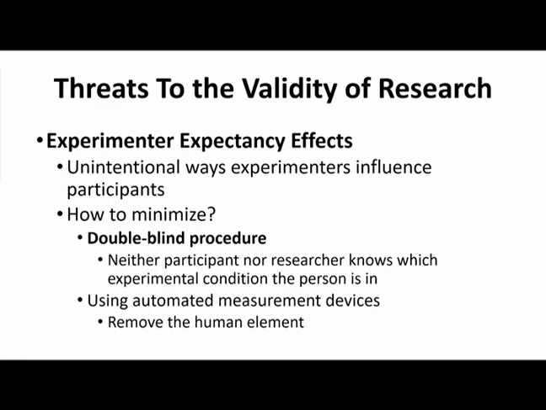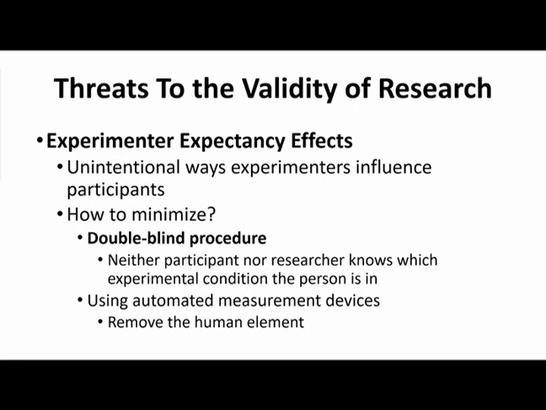But if we want to reduce these expectancy effects, if we want to keep both the experimenter and the participant from expecting anything, what can we do? We could use what's called a double-blind procedure. And in the double-blind procedure, we're saying that basically the participant and the experimenter are both kept in the dark. The participant doesn't know if they're in the experimental group or the control group, and the researcher doesn't know if the participant is in the experimental group or control group, so nobody can have any expectations.